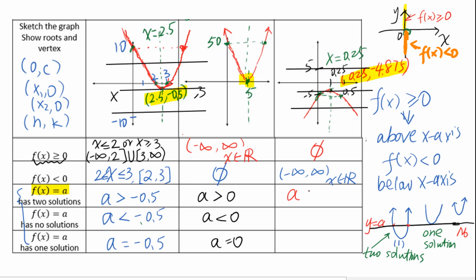When a is less than negative 4.875, two solutions because there are two intersections. When a is greater than negative 4.875, no solutions. When a equals negative 4.875, one solution.